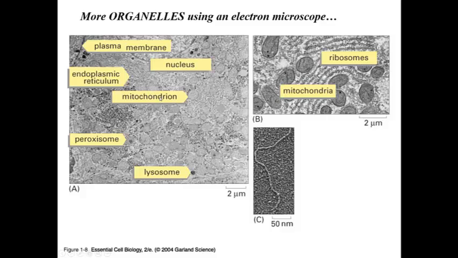So electron microscopy, which doesn't use light but uses a beam of electrons to examine the specimen, can give quite a lot more detail because of the shorter wavelength of the electron beam. So here you can see labeled in dark, this dark line here is the plasma membrane.